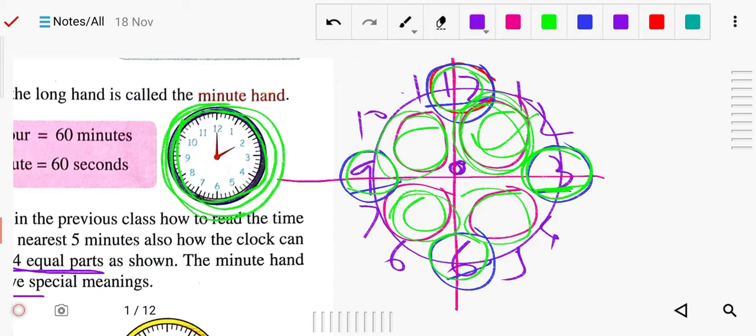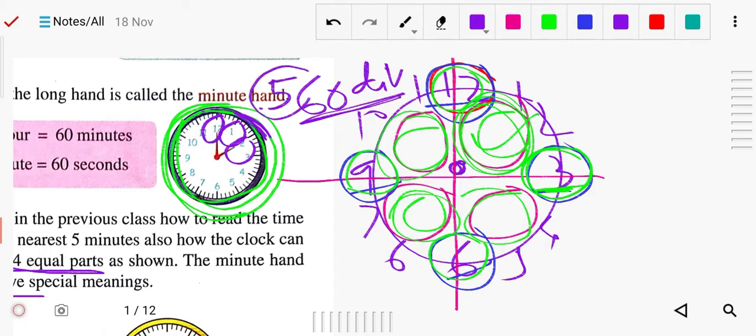Between two adjacent numbers, like 12 and 1, or 1 and 2, or 4 and 5, there are 5 small divisions.